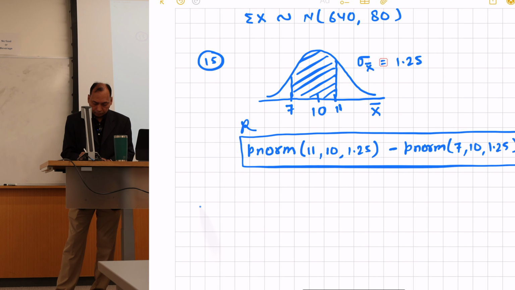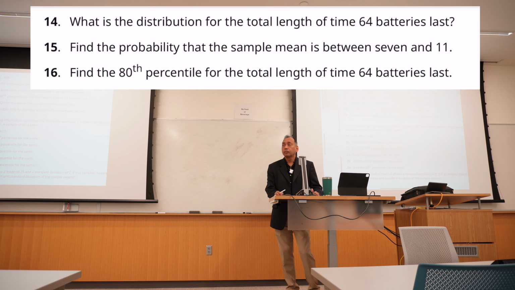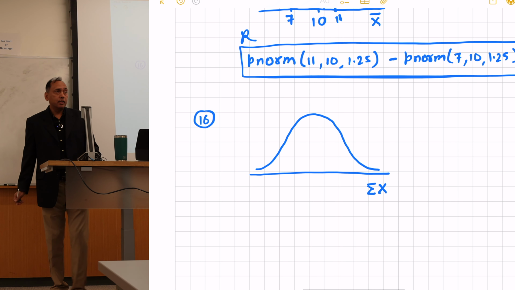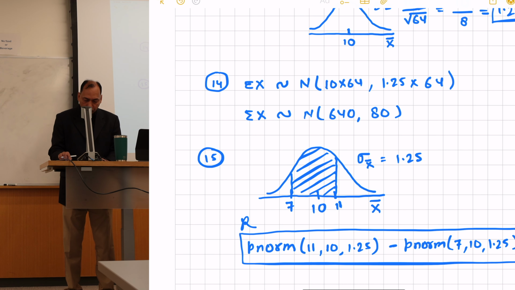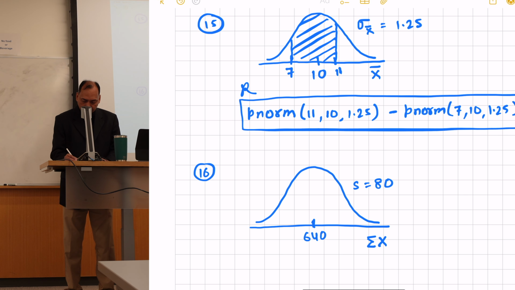Number 16, find 80th percentile for the total length of time 64 batteries last. We draw a picture. So instead of x bar, I am putting total of x. And we found that the total follows with 640 and 80. So I'm going to write 640 here. And the standard deviation we are using is 80.